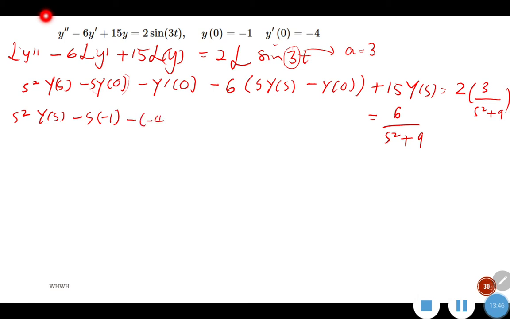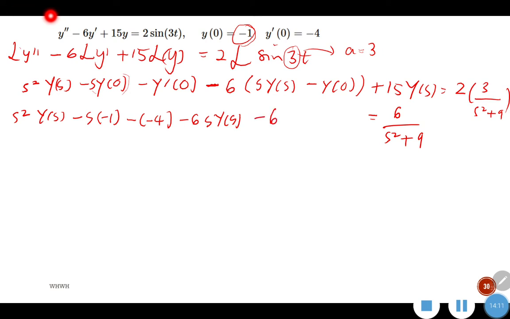And then 6 s multiplied with Y(s), so you have 6s Y(s). And then plus 6y0, y0 is negative 1. So positive multiplied with the negative in front, you're going to have minus 6.